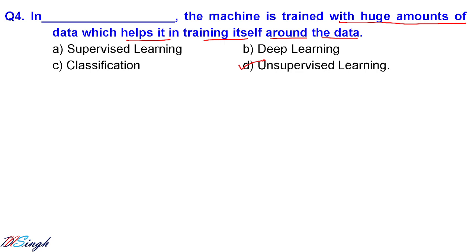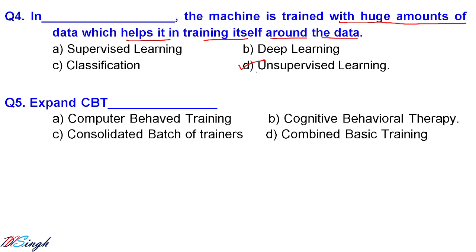In supervised learning, the developer provides the rules to the machine, and based on that rule it predicts the outcome. In supervised learning, labeled data is used. In unsupervised learning, unlabeled data is used. Classification and regression are examples of supervised learning, while in unsupervised learning we see clustering or dimensionality reduction. Let us go for question number 5.